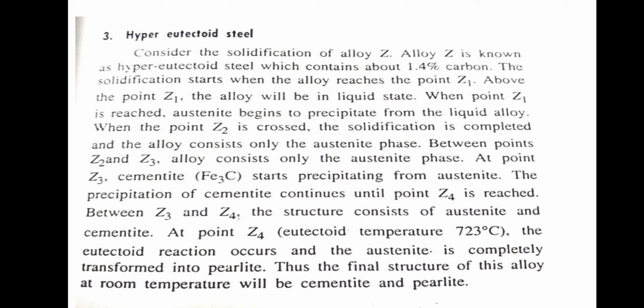The third type of alloy is hypereutectoid steel. It is given by the letter, alloy Z. In the iron carbide equilibrium diagram, alloy Z is a hypereutectoid steel. In between Z and Z1, it is in liquid state.